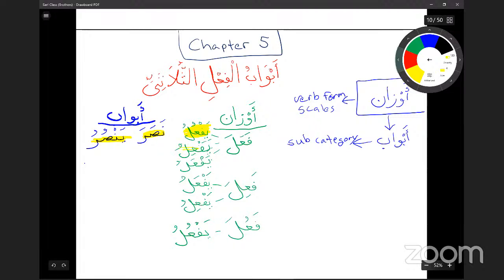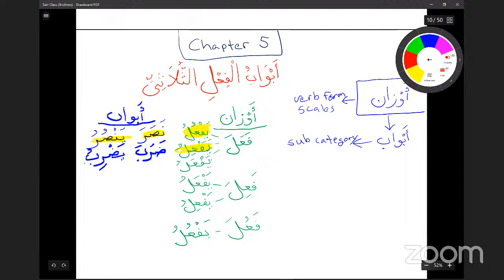So فعل يفعل should have gone second because of ضرب يضرب. فعل يفعل with a kasra on the ayn in the mudari' goes under ضرب يضرب.